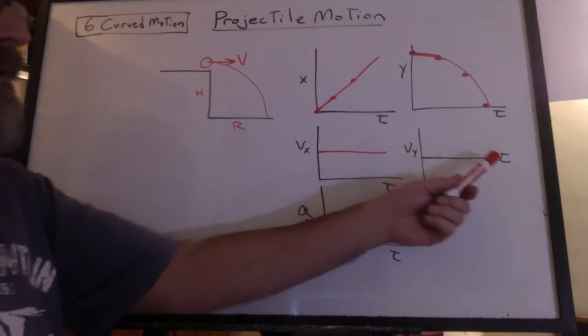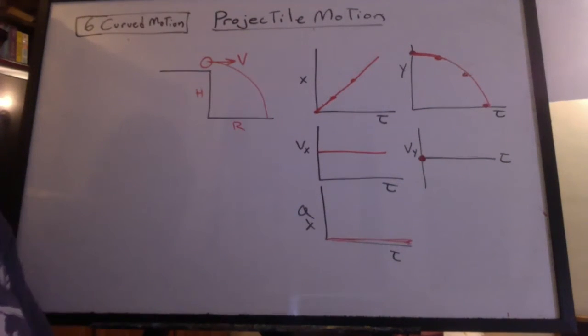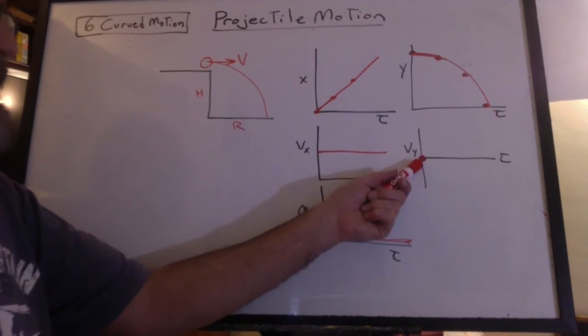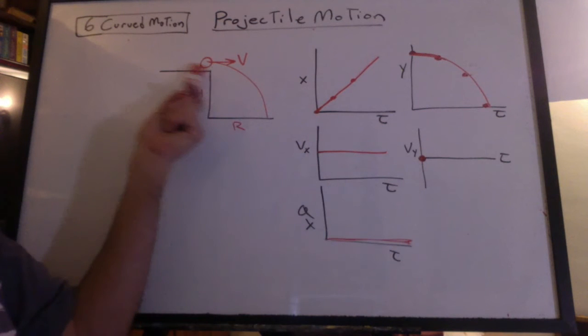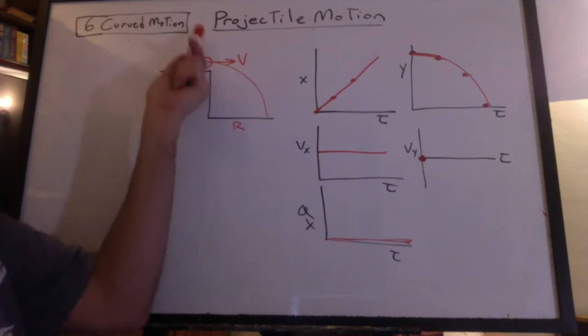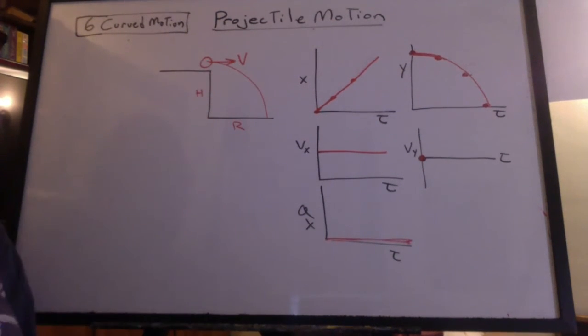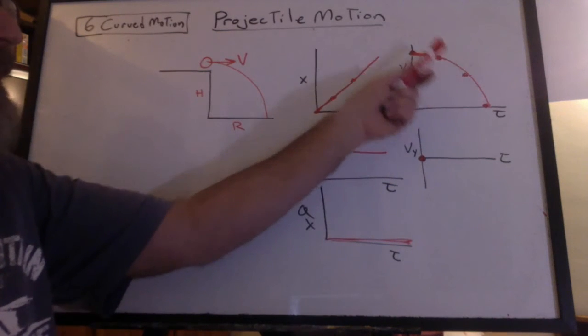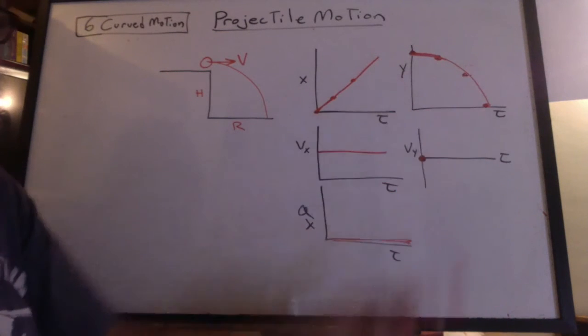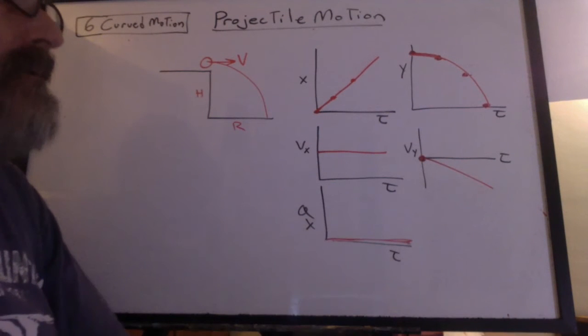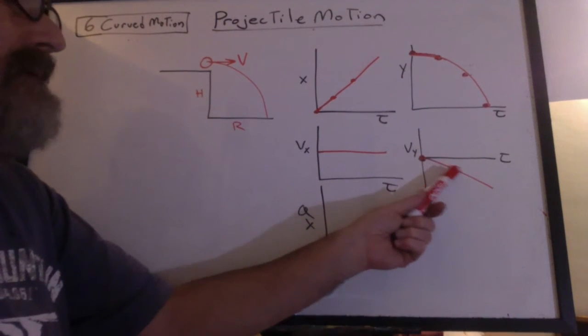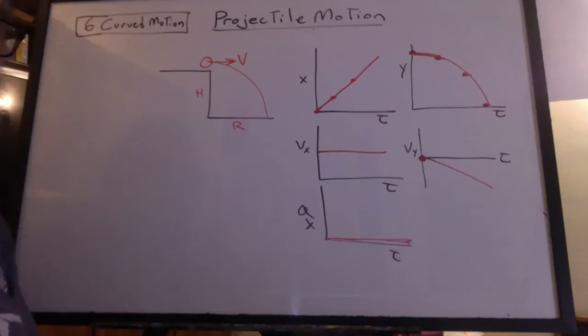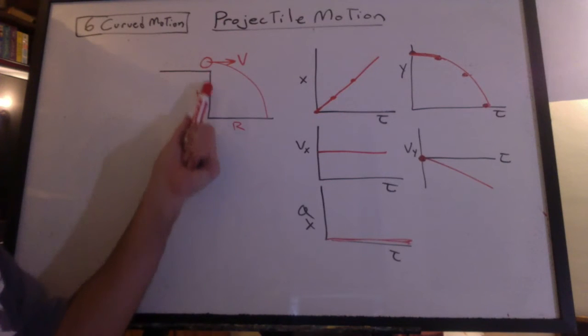The velocity in the y direction versus time starts out at 0 vertical velocity. Look at the diagram. The velocity is horizontal. There is no vertical component. Now you can look at the slope of this curve, and it's getting steeper and steeper negative, which would generate a velocity that's becoming more and more negative here. And you can just look at the y component over here.